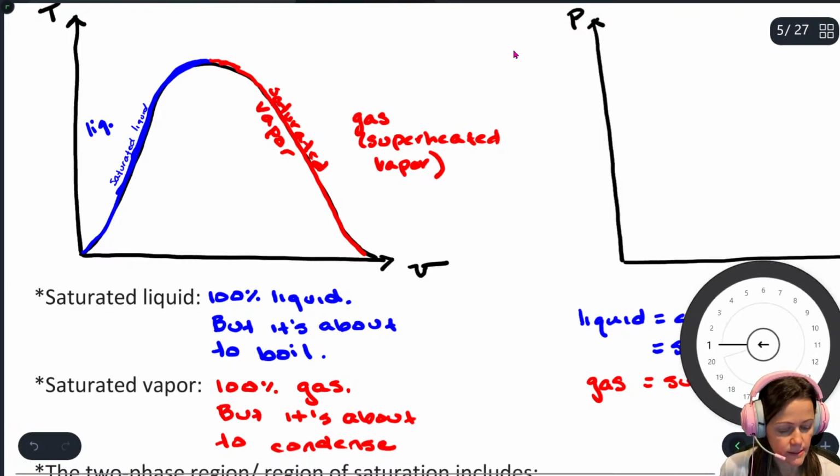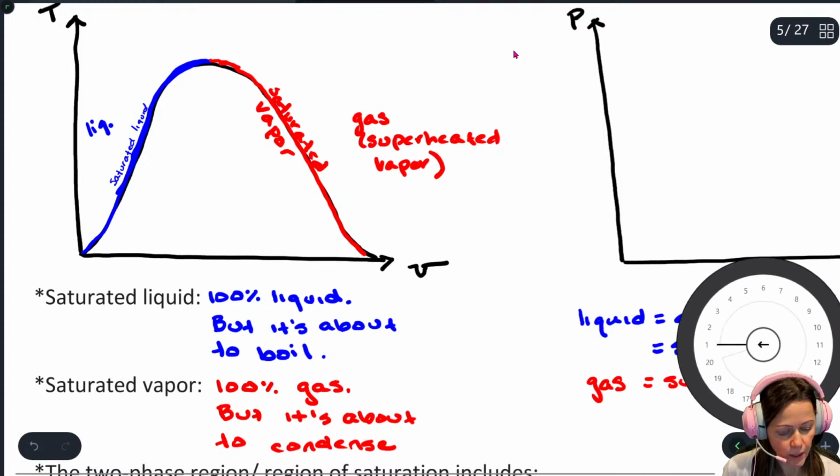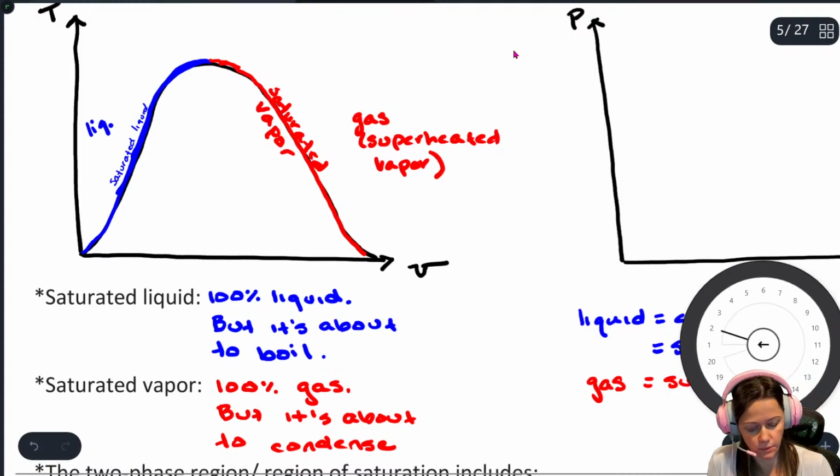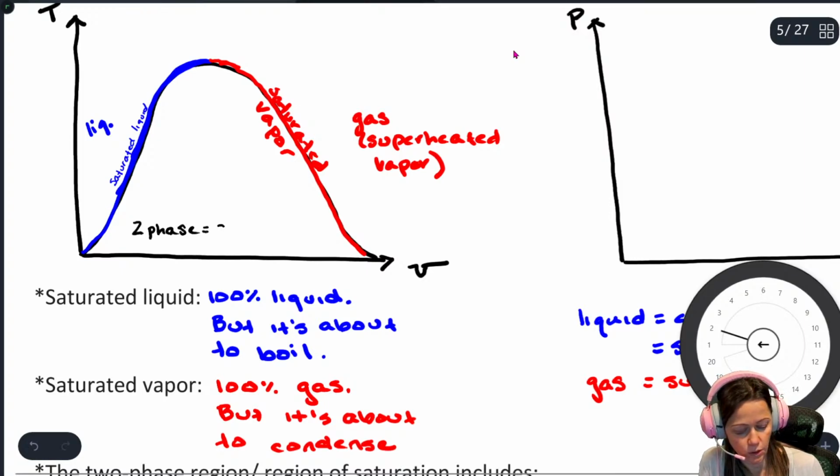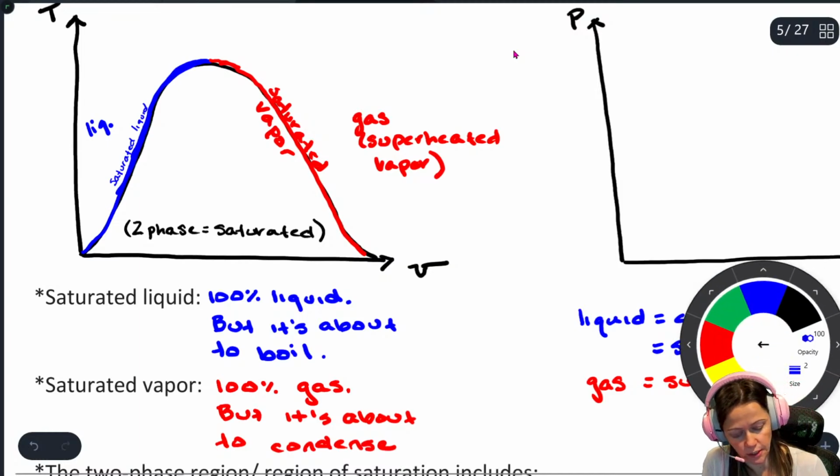Everything that is underneath that dome, well, it's two-phase. You could call it saturated. But it is a mixture of saturated liquid and saturated vapor.